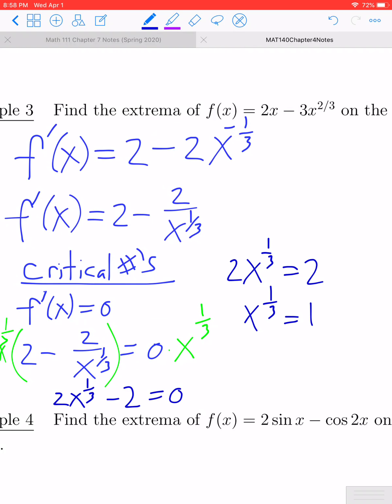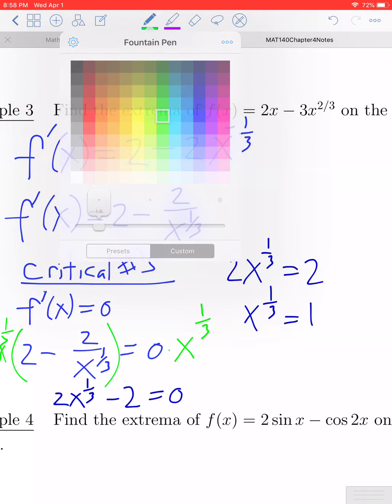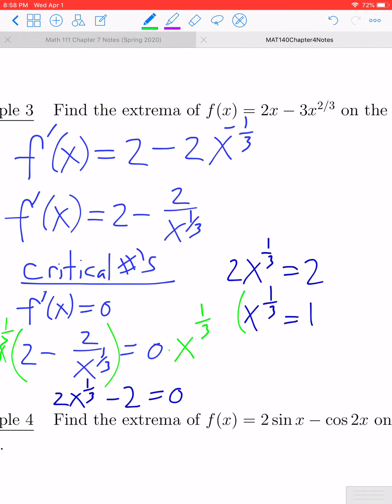And then to get the x by itself, you can think of it as a cube root. So we're essentially cubing both sides. And what we would find is that x is going to be equal to 1. So one of the critical numbers for this function is x equals 1.